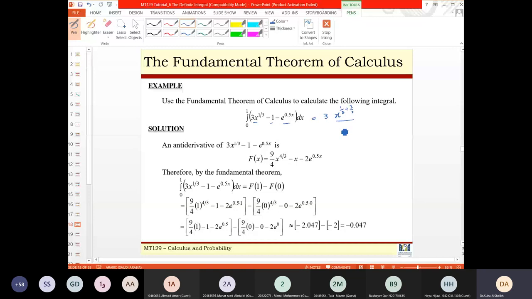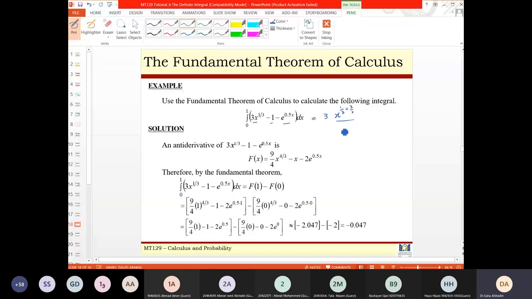Now, what's the integration of minus 1? It's minus 1 x. Didn't we agree on that? When I have the integration of a dx, it's equal to ax.